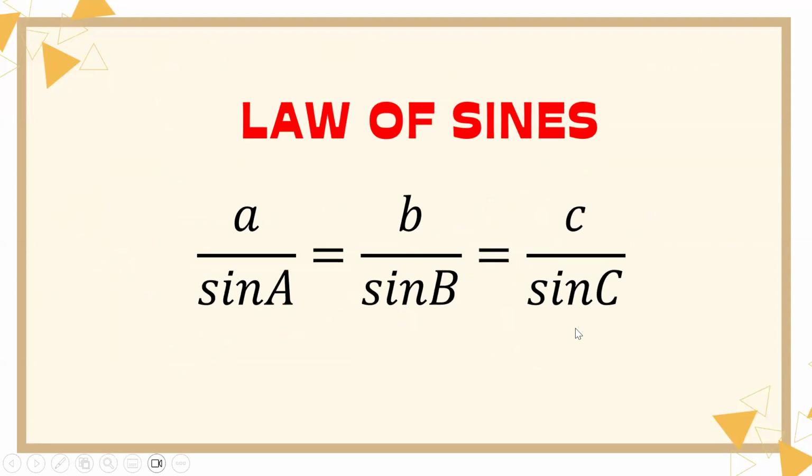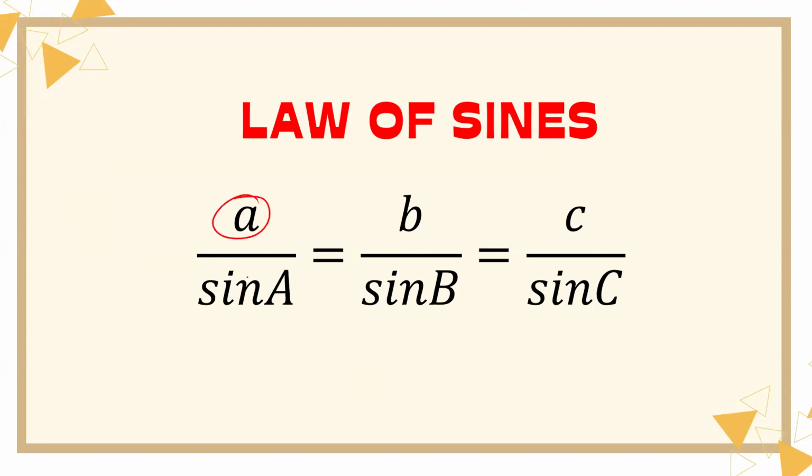So there are laws for solving unknown sides or angles within an oblique triangle. One of these is the law of sines, which can be represented through the following equations.